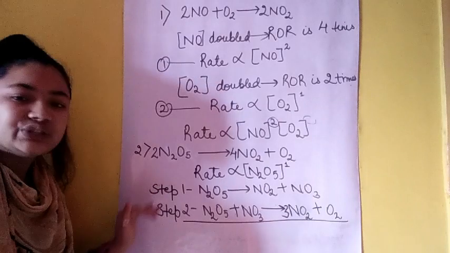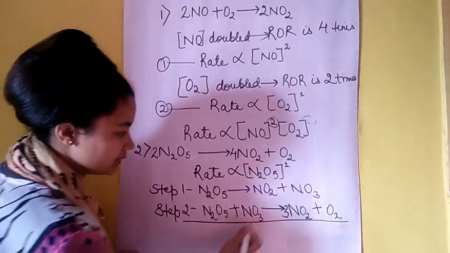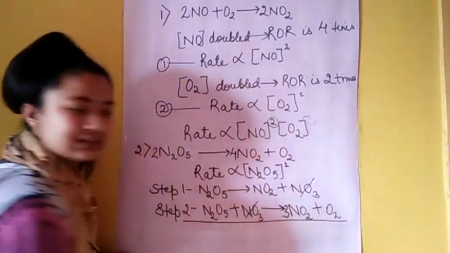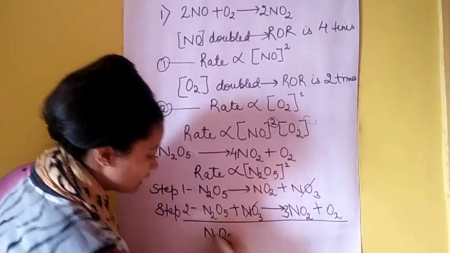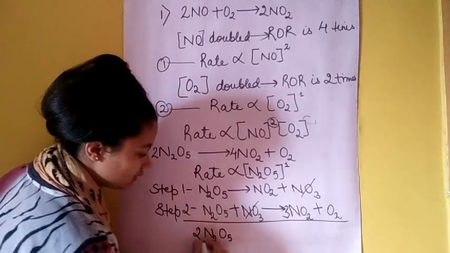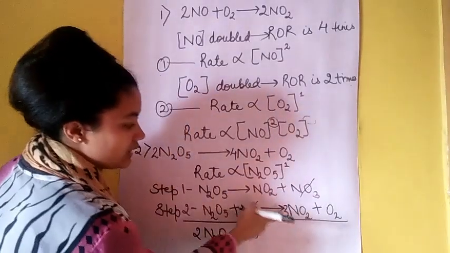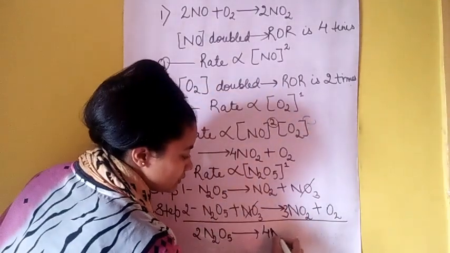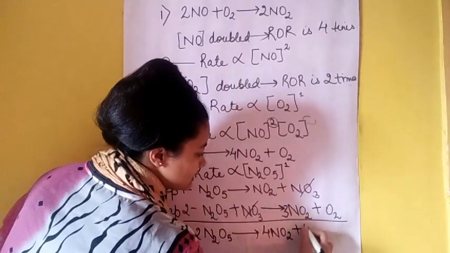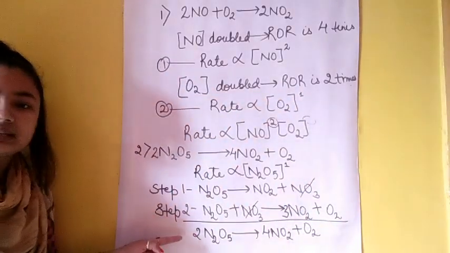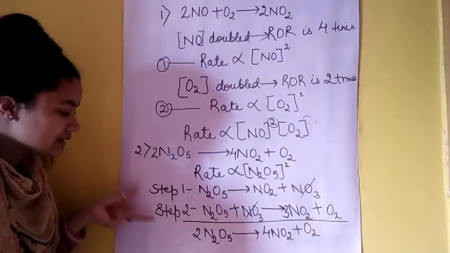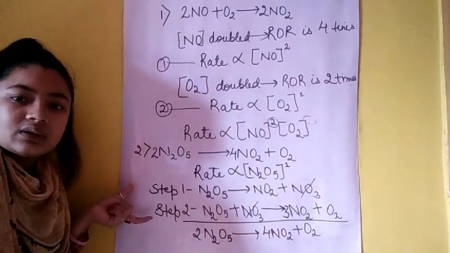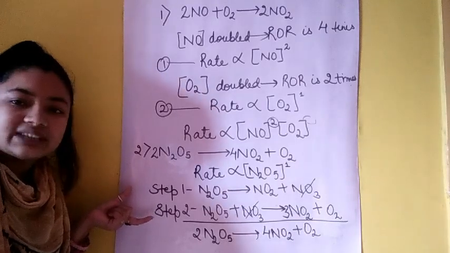Now add these 2 reactions. So what we get is that NO3 and NO3 will cancel, and N2O5, twice of it, gives 3 and 1, that is 4 NO2 plus O2. So this is the overall reaction which we have written here, and as it is proceeding in two steps, right?